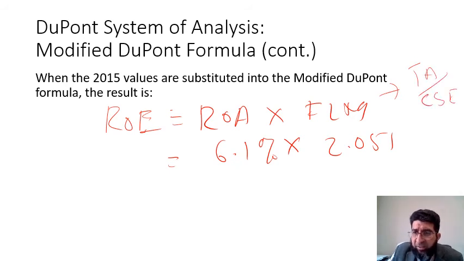I'm abbreviating it just to save space and also the writing effort. So that comes out to be 12.5%. Now we are not interested in 12.5%.